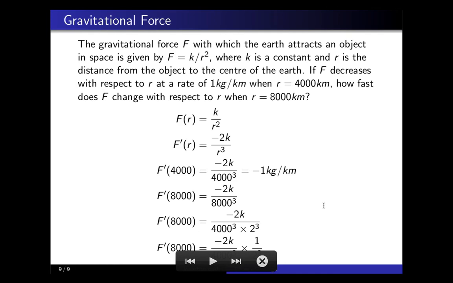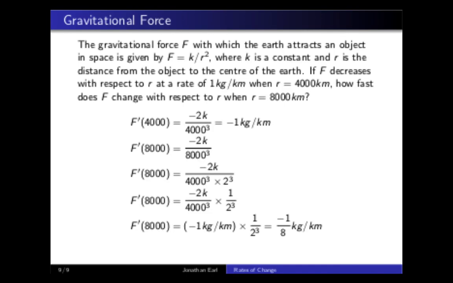But we could rewrite 8,000 as 4,000 times 2, so 8,000 cubed is 4,000 cubed times 2 cubed. Then we could break this apart as minus 2k over 4,000 cubed times 1 over 2 cubed, which is 8. And we set up above that minus 2k over 4,000 cubed is minus 1 kilogram per kilometer, so we'll make use of that.